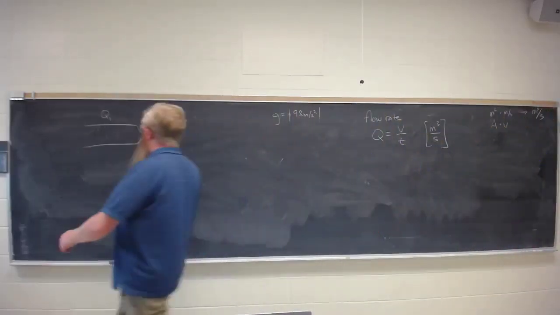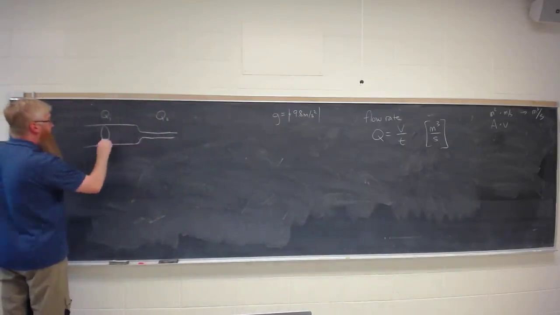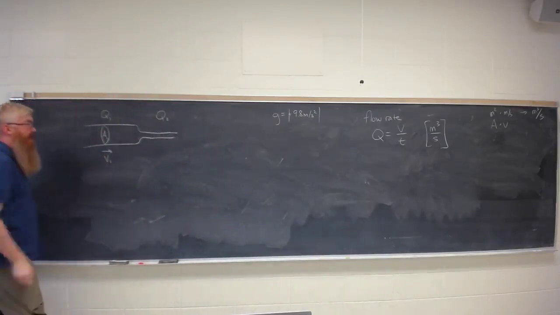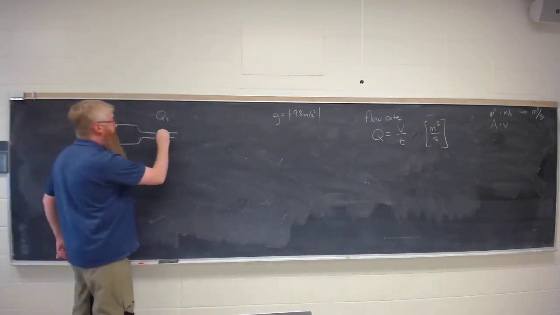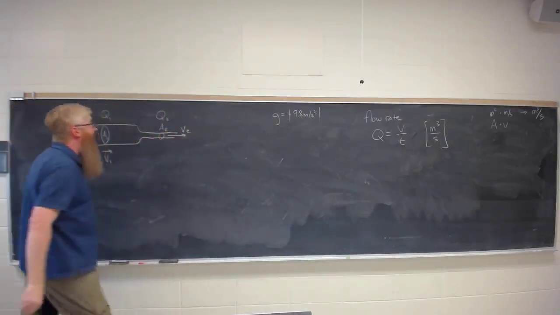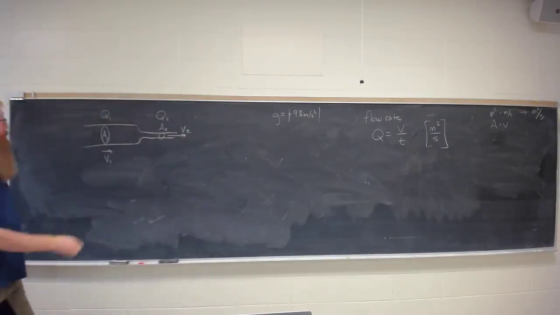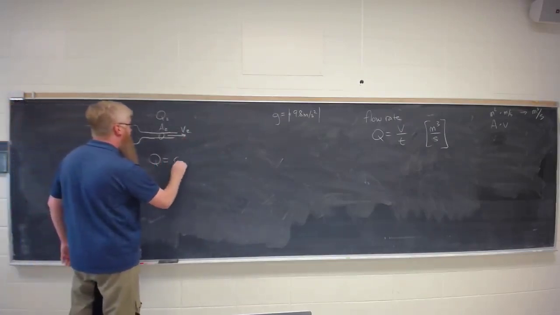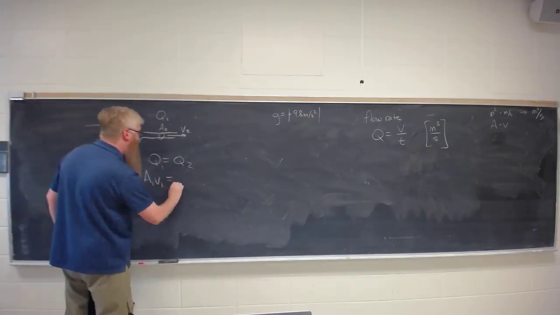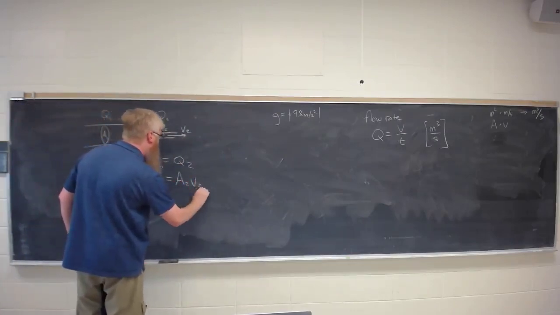So if we know the cross-sectional area 1 and the velocity 1 here, and we know the cross-sectional area 2 and its velocity, those have to be the same. Q1 has to equal Q2, so A1 V1 has to equal A2 V2.